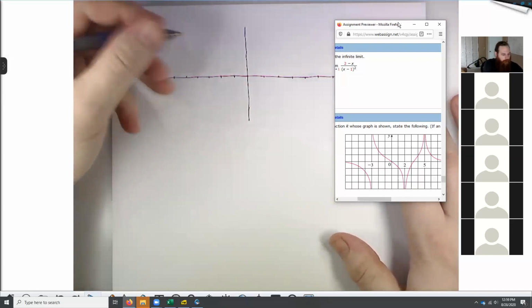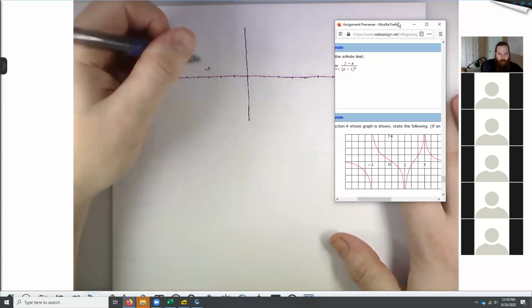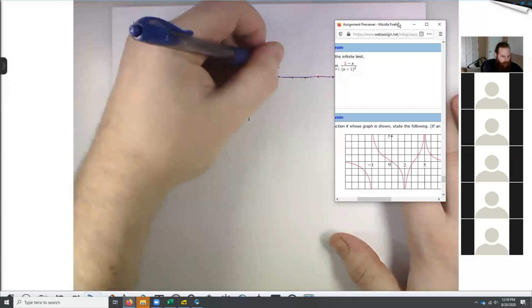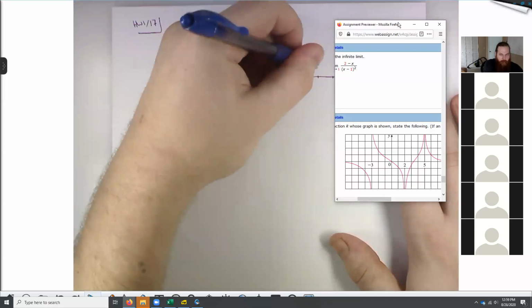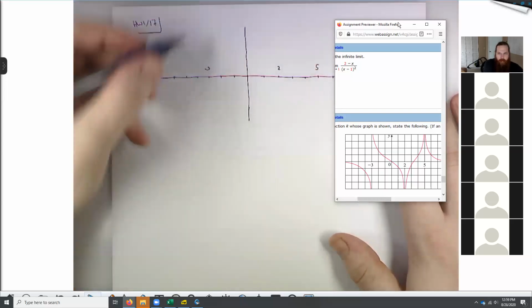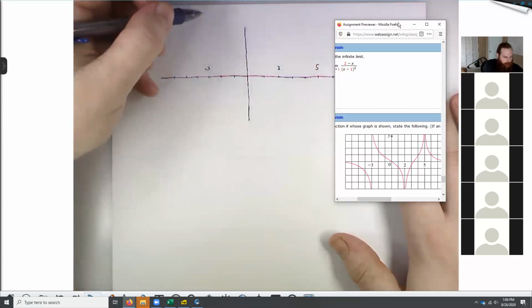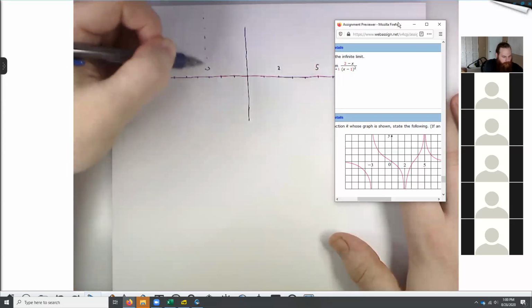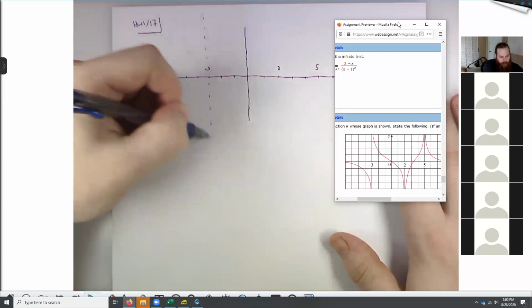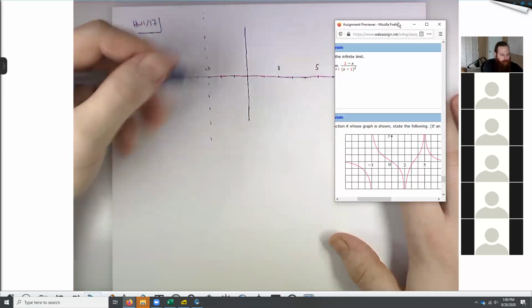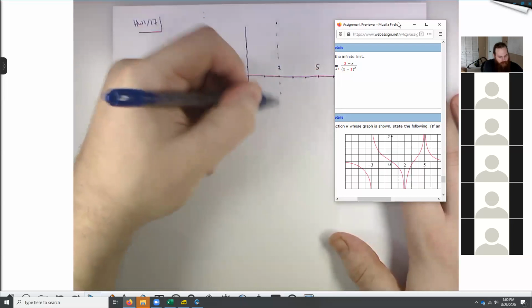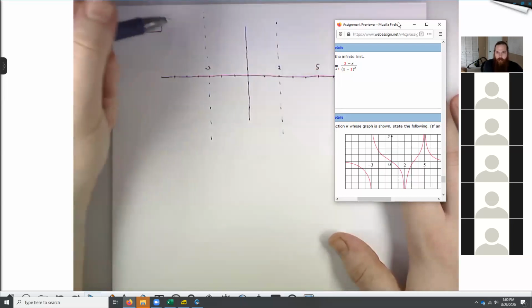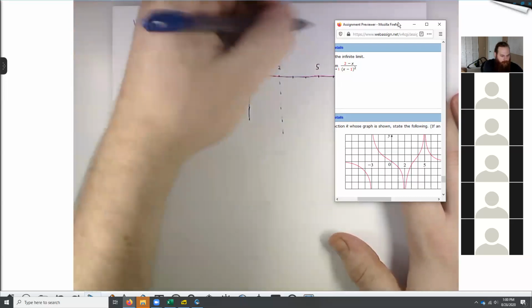Okay, so this is negative 3, 0, 2, 3, 4, 5. And it looks like something is going on here at negative 3. Looks like we've got a vertical asymptote there. Looks like something is going on at 2. And something similar at 5.